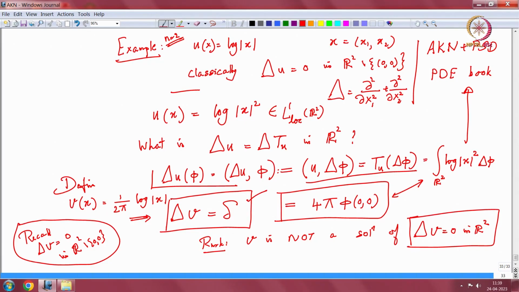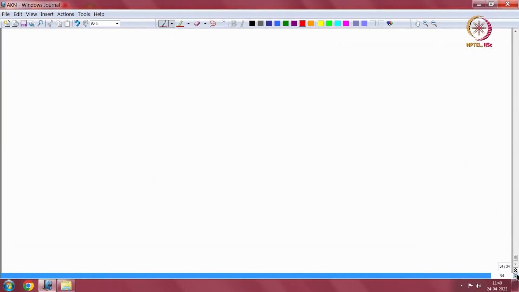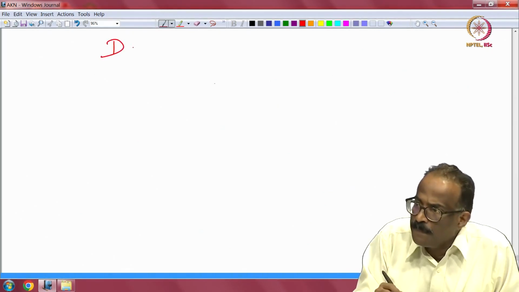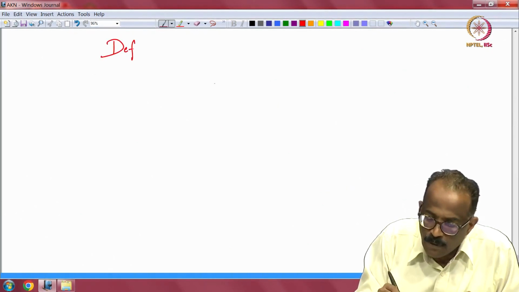These are singular solutions called fundamental solutions, and more generally Green's function is important in the study of PDEs even to understand it classically. So, with this let me go to a definition and then I will stop.